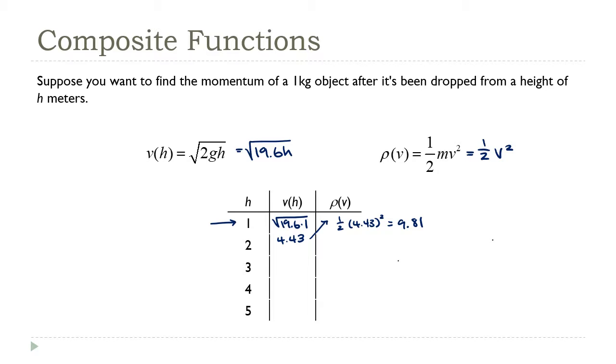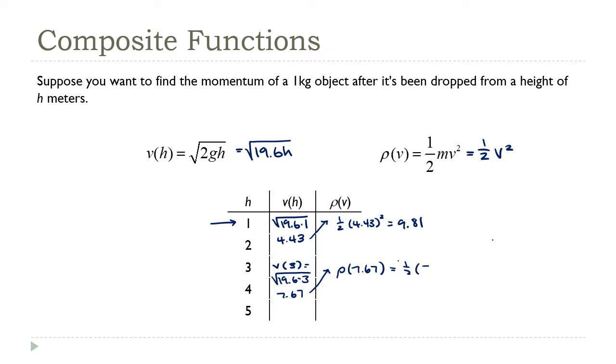So let's try one more, just to see the process again. I got kind of scrunched up there with space, so let's jump down and do 3. V of 3 is the square root of 19.6 times 3, which my calculator says is 7.67. And then to get the momentum, I'm going to take this number and put it into the momentum formula.